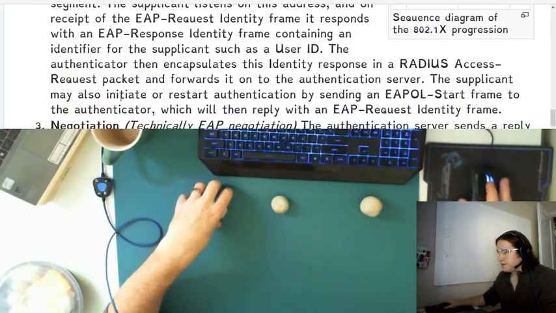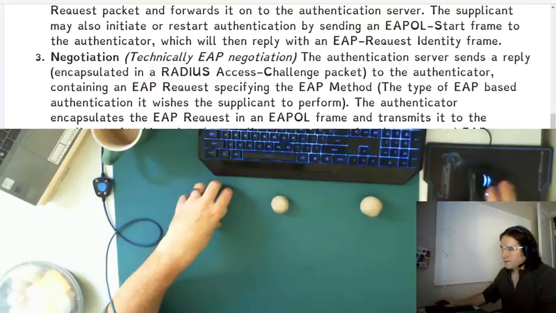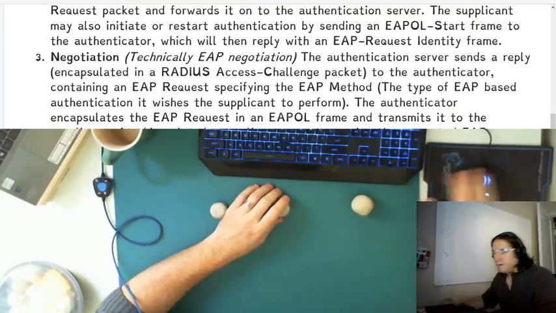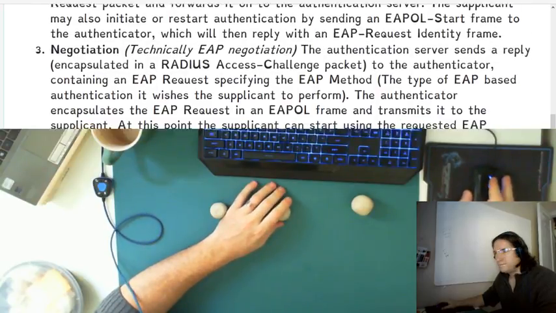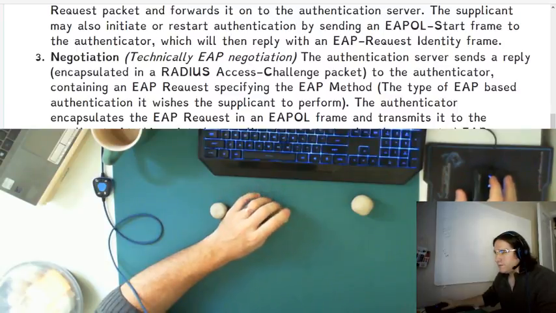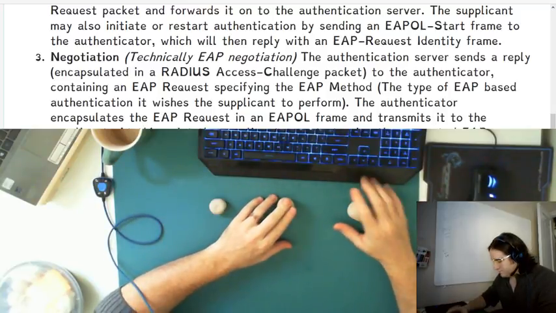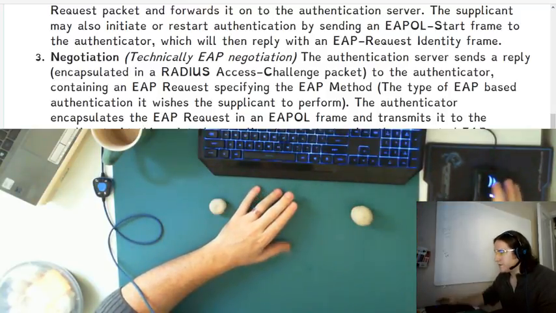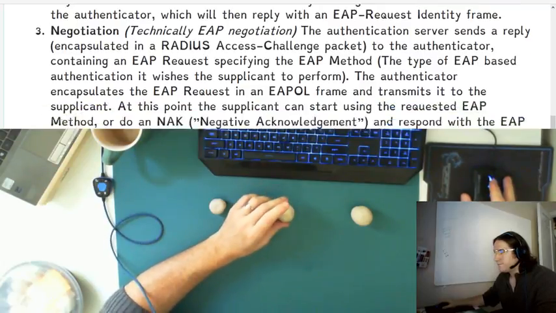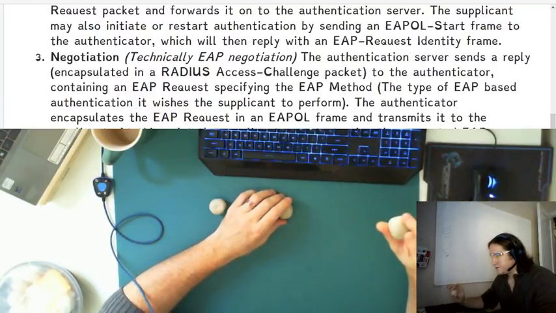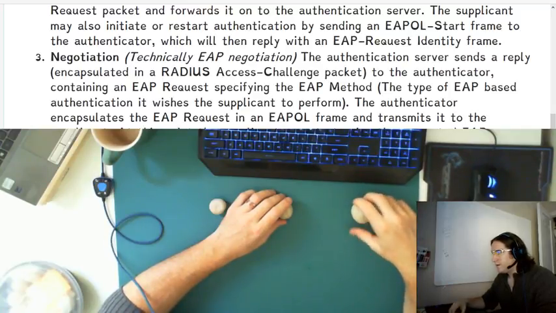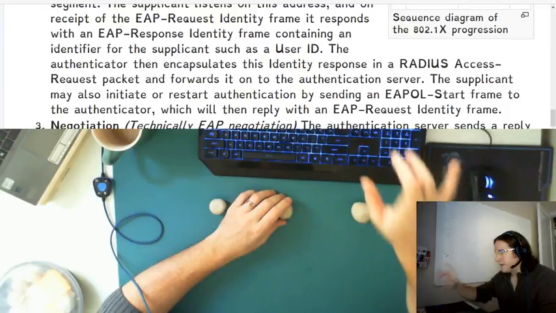Then the negotiations happen. Technically EAP negotiations. So the EAP protocol comes into play here. The authentication server sends a reply to the authenticator, a reply against the access request packet.